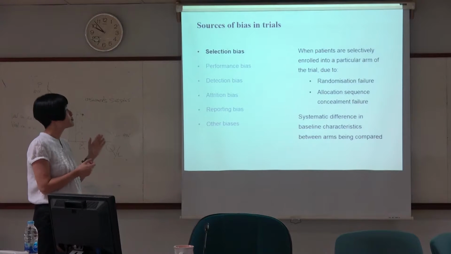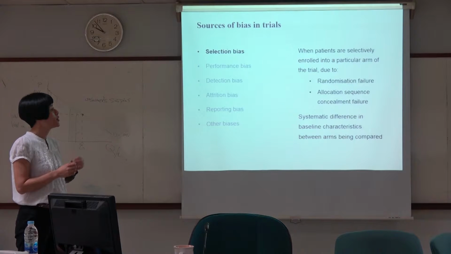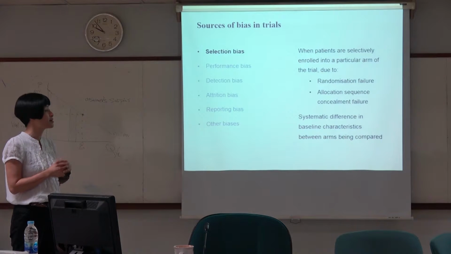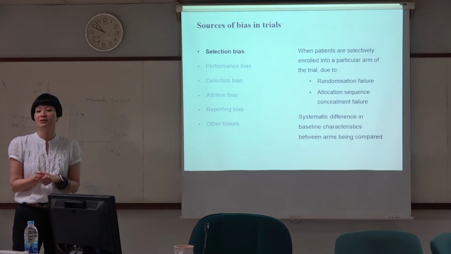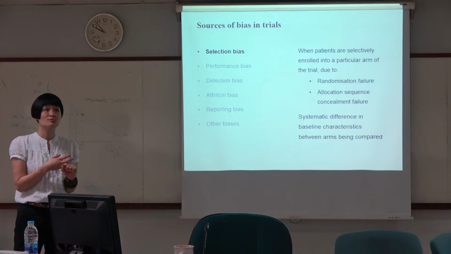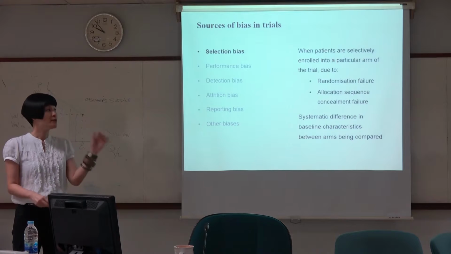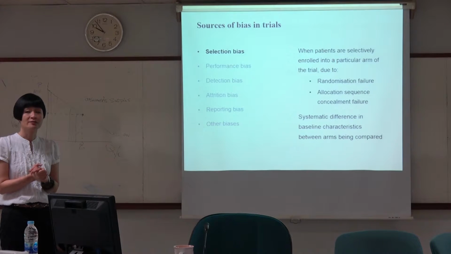So selection bias occurs when randomization fails, and also when allocation sequence concealment fails. And this would result in systematic differences in baseline characteristics between the arms. The way that you can look for this is to look at how they randomized their studies and look at the usual Table 1 of the randomized controlled trial to see if the characteristics are evenly distributed between the two arms.